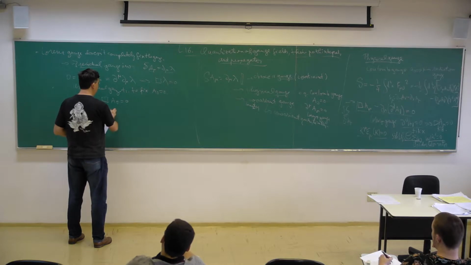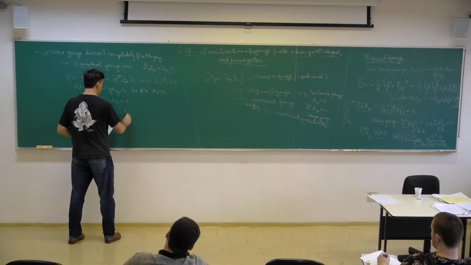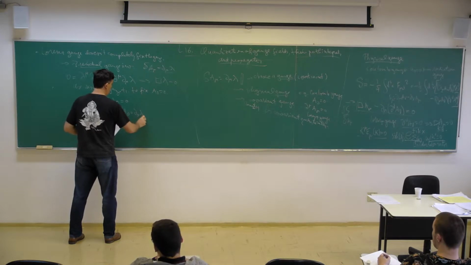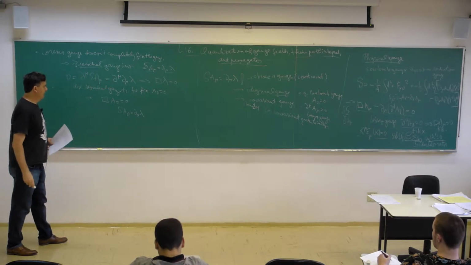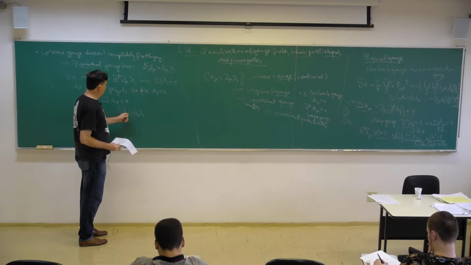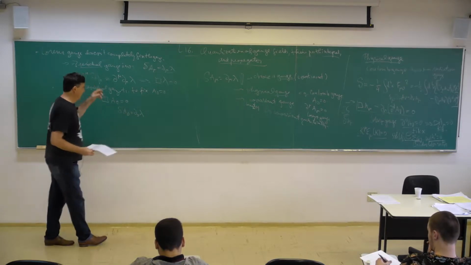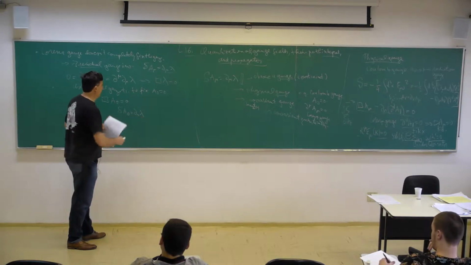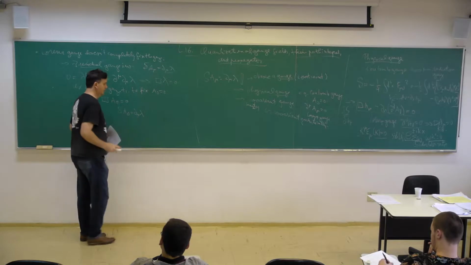But then that means I can choose this gauge transformation. The variation of A_0 is ∂_0 λ, right?